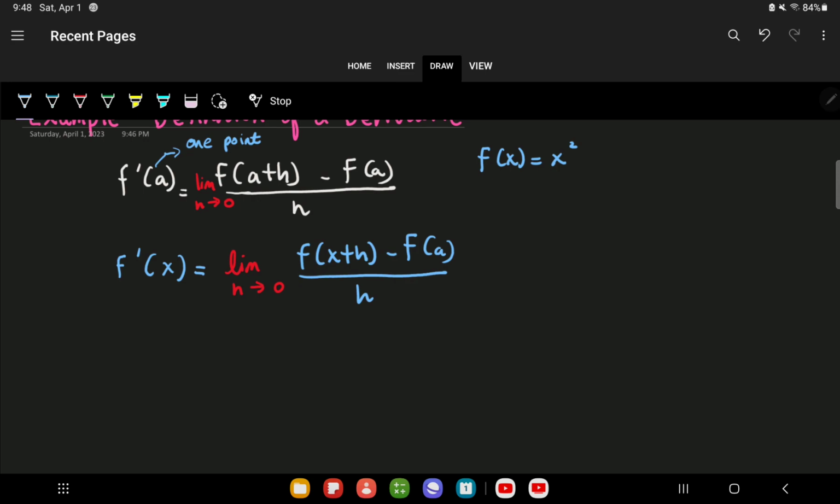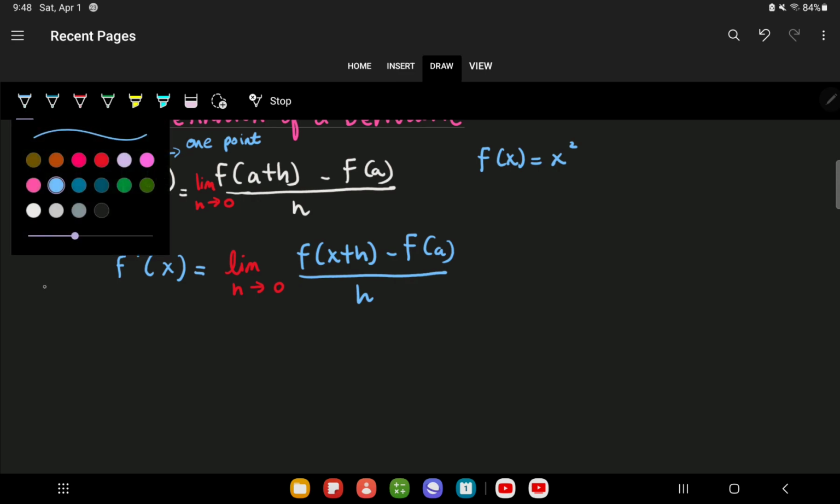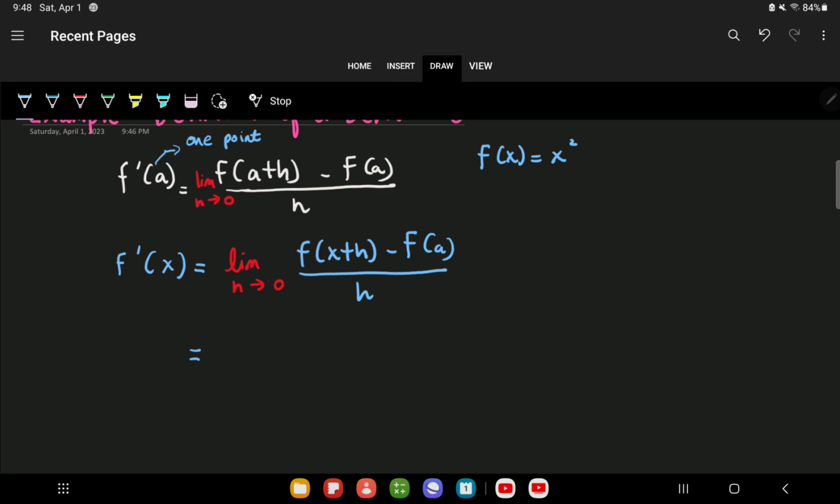So how do I do that? Okay, so let me just do this. Equals the limit as h approaches 0. Now what does this f of x plus h mean? That means wherever I see an x in this f of x, I'll replace it with x plus h.